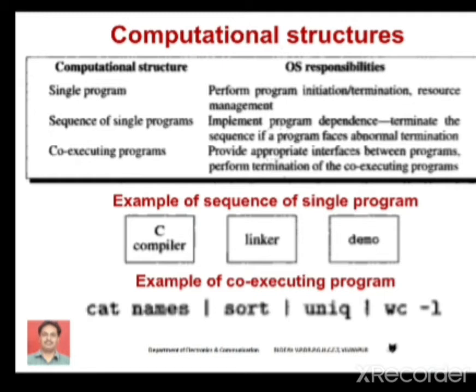At the end, the WC will count the number of words in the file. So it is an example for co-executing programs. Here all the four programs, that is cat, sort, unique and WC, coexist in the memory.